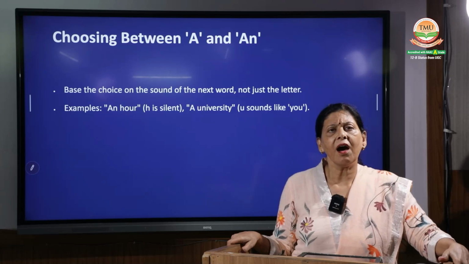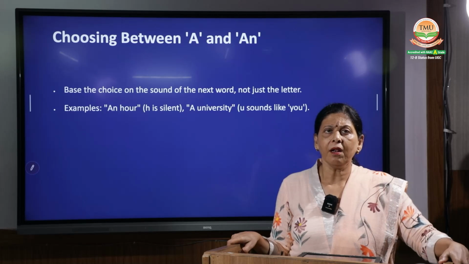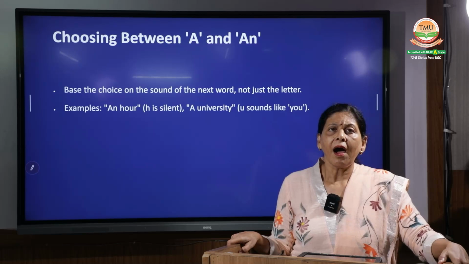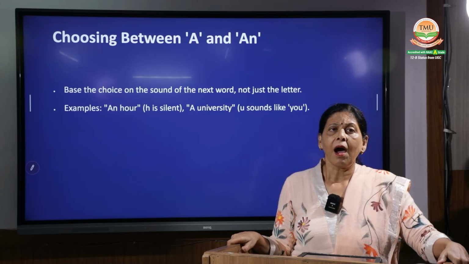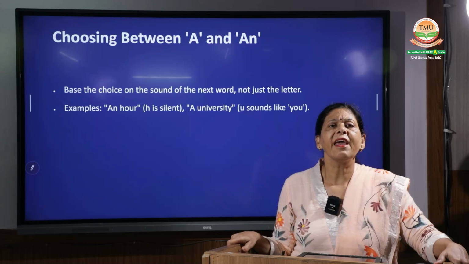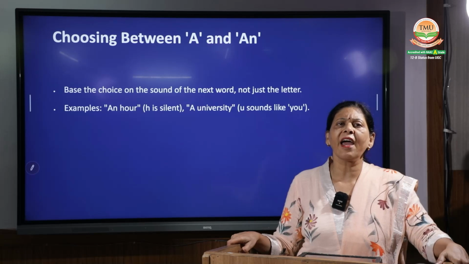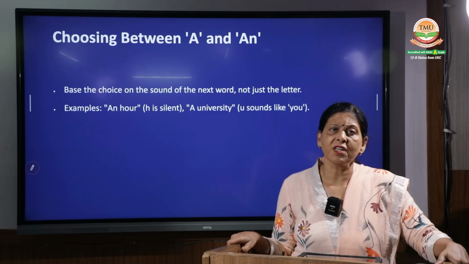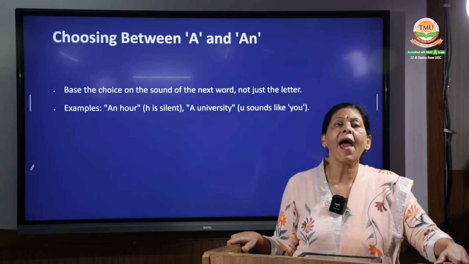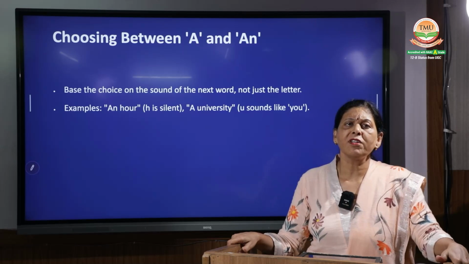A bat, a cat, a table, a camera, a pen, a cup. So in all these, a is used because all these words I mentioned begin with consonant sounds. But on the other hand, an is used with vowel sounds.